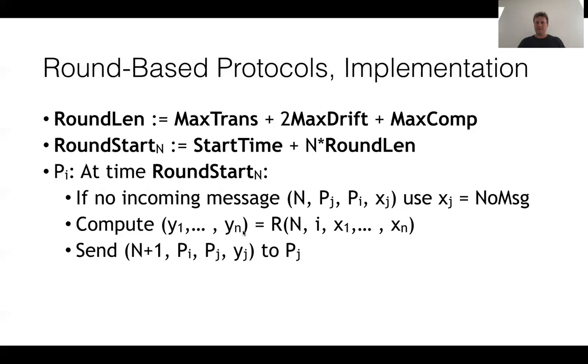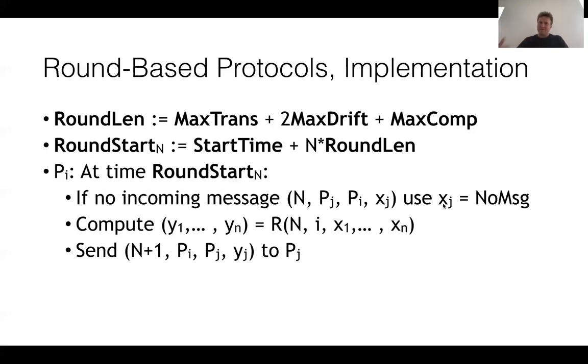And importantly, if by round start, I have no incoming message of the form round number, from party j to party i, the message xj, then I'll just substitute it by no message.